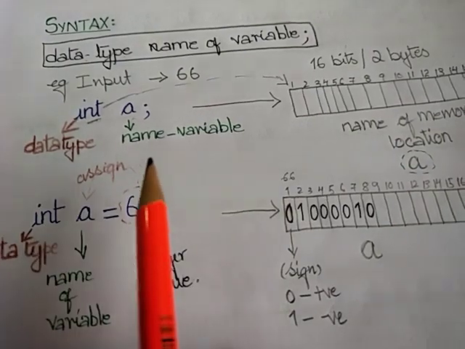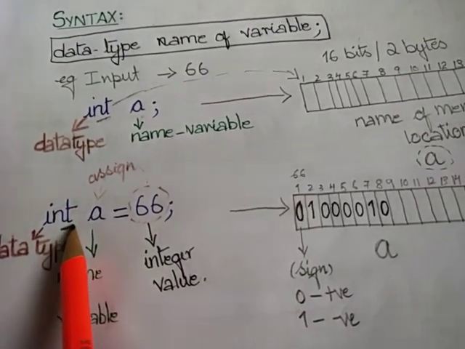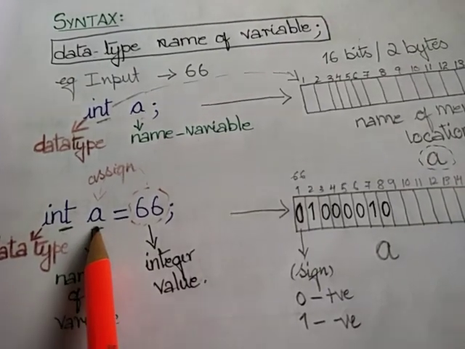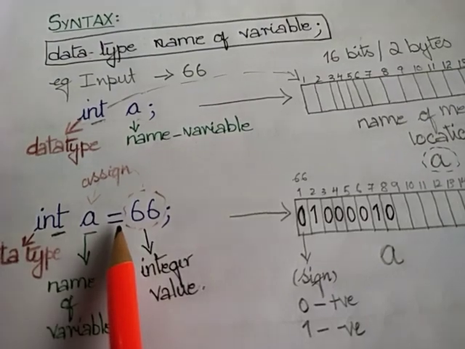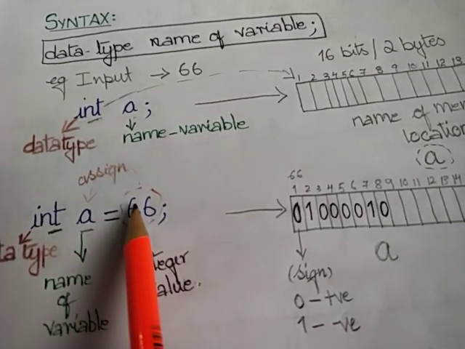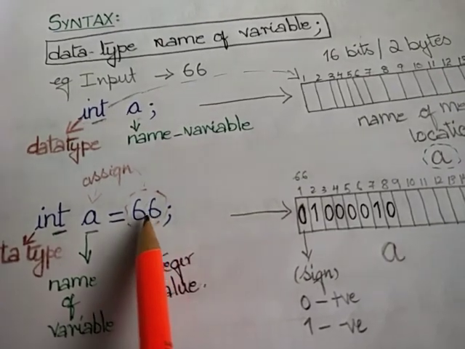So whenever we declare a variable, first we have to mention the data type followed by the name of the variable, and you can assign the value as well, or in this location you can mention that I'm going to input the value 66.